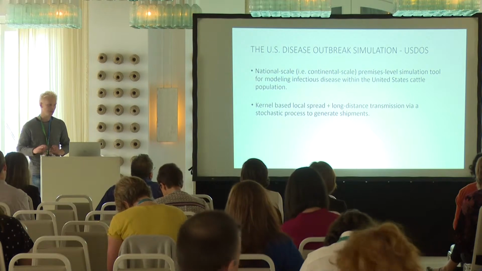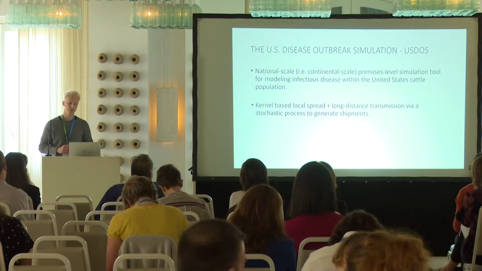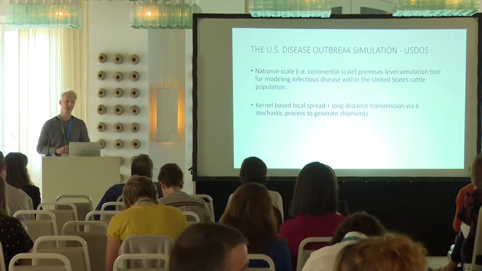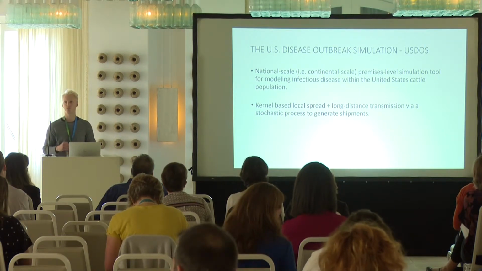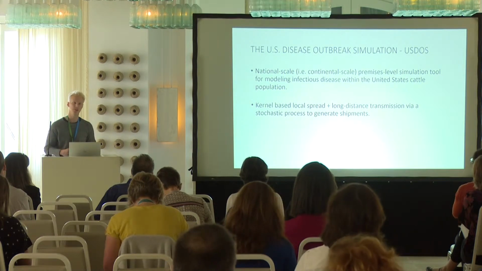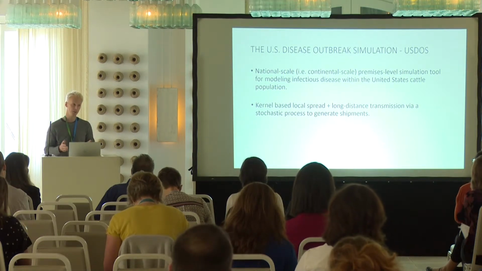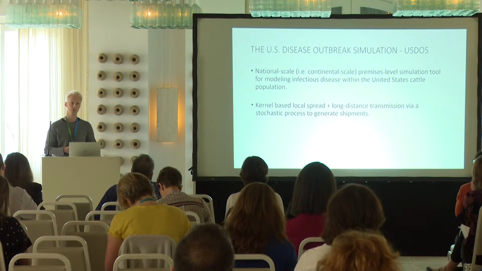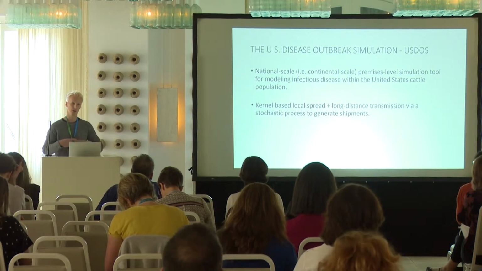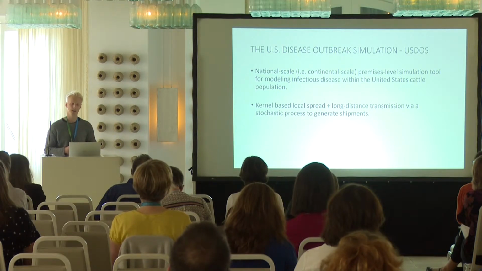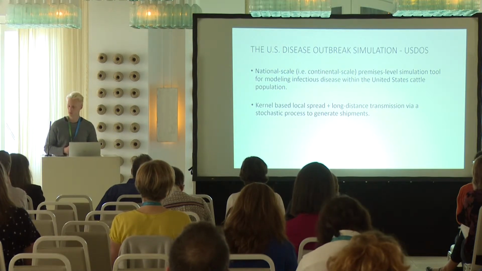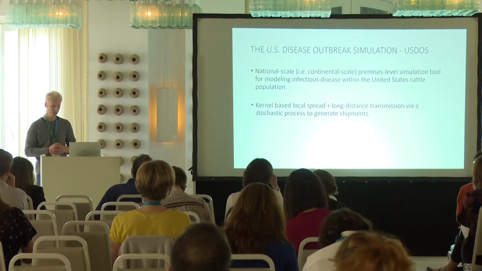So yeah, the model's called the disease outbreak simulation, and you'll notice that it's missing an FMD in there. As I said, the intention is to be able to model other diseases as well, but we've mainly been using it up until now to evaluate, and while we have been developing it, we've had foot and mouth disease very much in mind. We call it the US DOS for short.